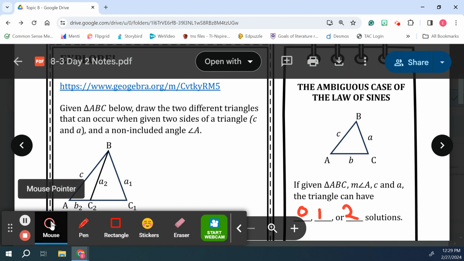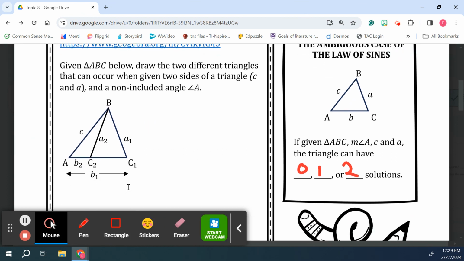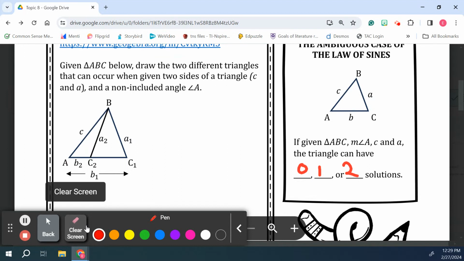So in this case, if we take a look here, we have a couple of things going on. First off, when we draw this line down, this ends up being an isosceles triangle. So that means we're going to have that A1 is equal to A2.